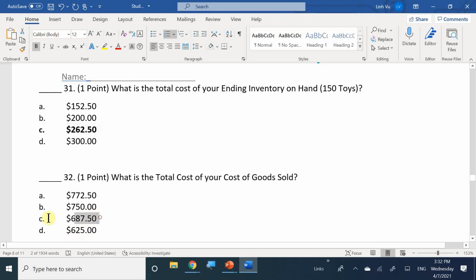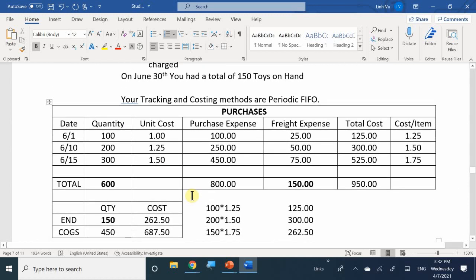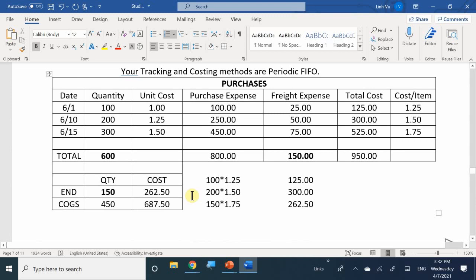C. All right. Now, for this exam, I'm going to give you simplified numbers like this, okay? Where did you get the 687? We added up our total cost right here.